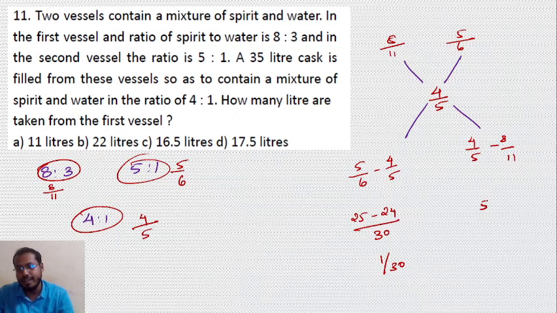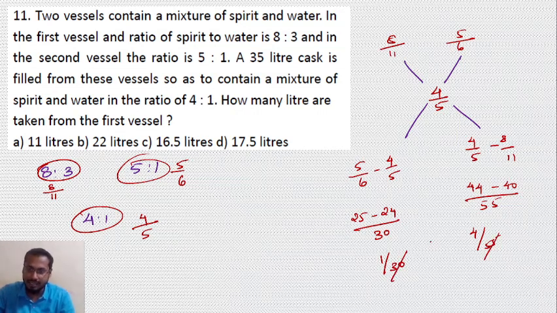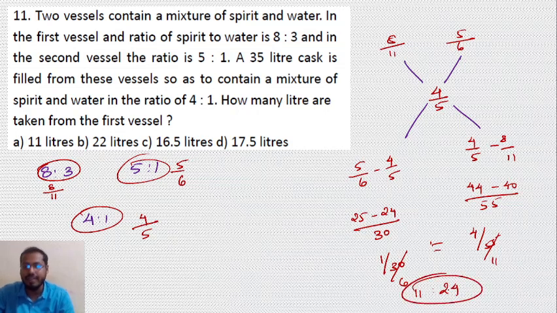And 5 times 11 is 55, 11 times 4 is 44, and 5 times 8 is 40, so it will be 4 over 55. Just cancel these numbers for this ratio. 30 and 55 give 6 and 11, so 11:24 is the final ratio.